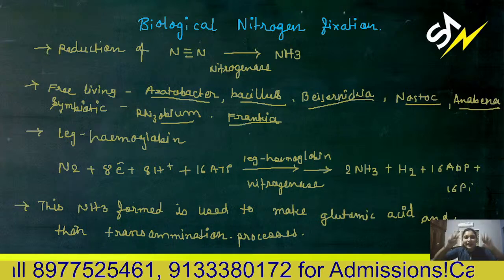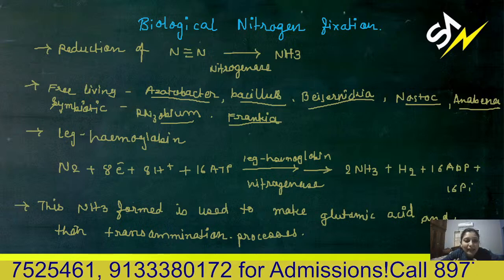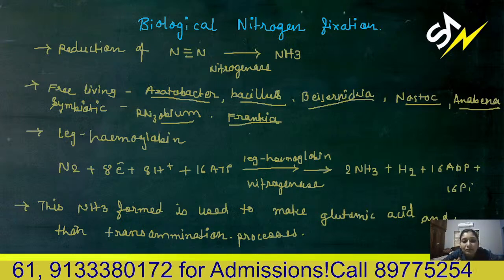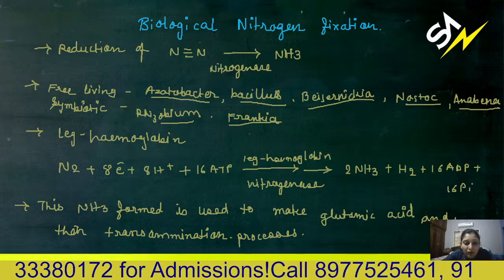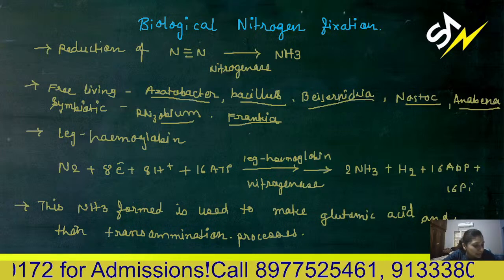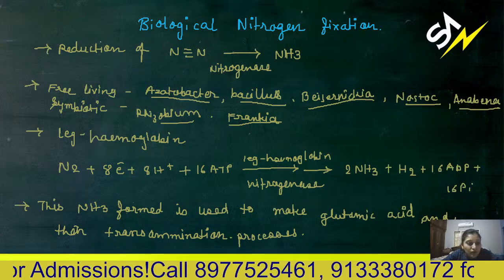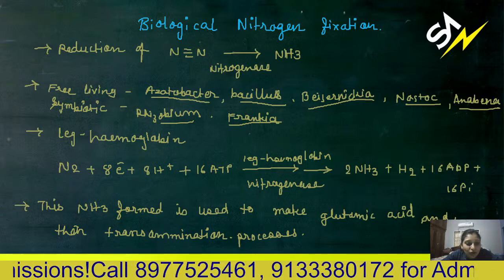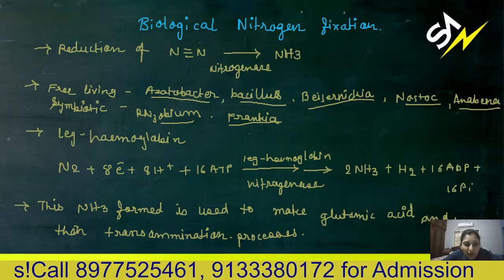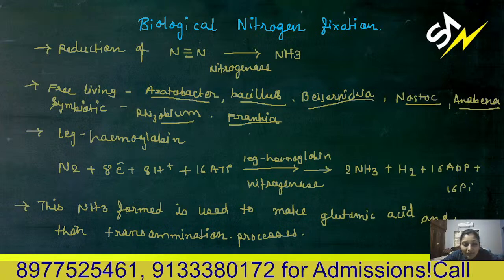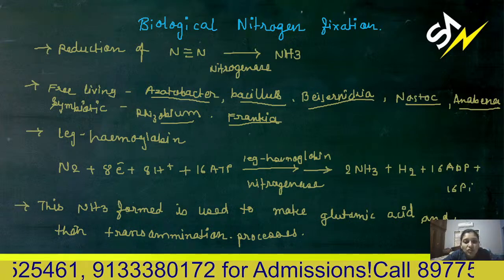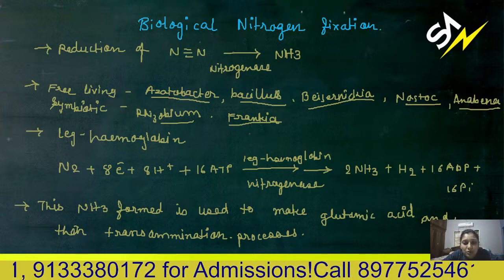It takes up all the oxygen and makes the environment more favorable for the action of nitrogenase. This requires 8 electrons, 8 hydrogen ions and 16 ATP for conversion of a nitrogen molecule to 2 molecules of ammonia.